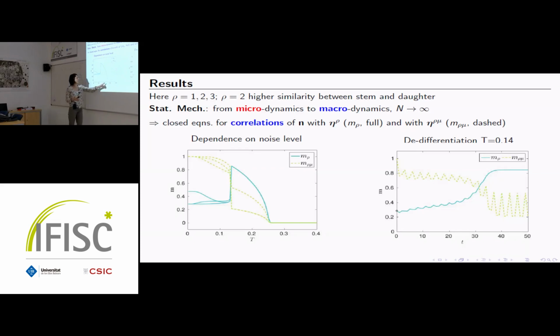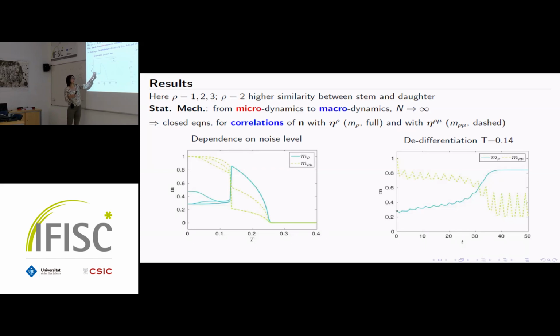Then there is a critical value of this noise where the system shows high correlation with the stem cell, okay? There is also a residual correlation with the daughter cell, but this is just because the stem and daughter cells are not independent from each other. They've been generated by a Markov process. And then there is a second transition where the system shows high similarity with a daughter cell, meaning that it has retrieved that cell.